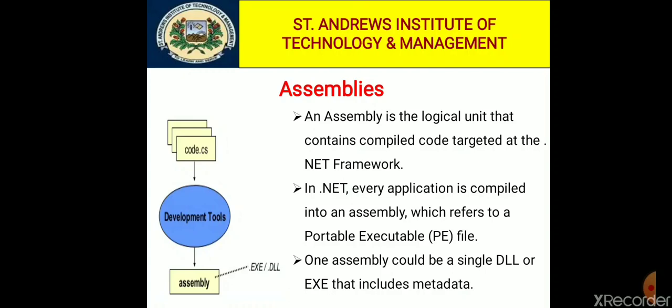So it is a primary building block because an assembly is a logical unit that contains compiled code, and its extension is .exe, an executable file, or .dll. That's why we say that assemblies are the primary building blocks of .NET framework applications. In .NET, every application is compiled into an assembly, which refers to a portable executable file.